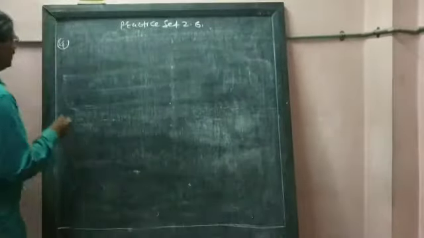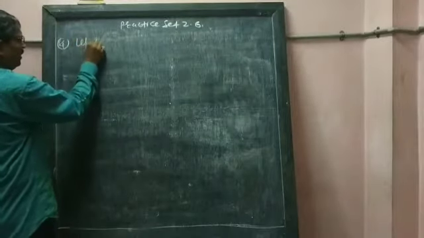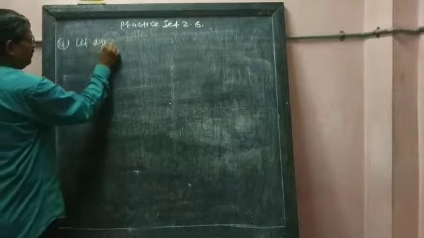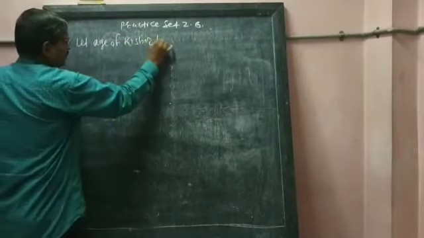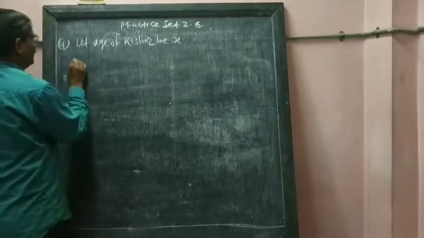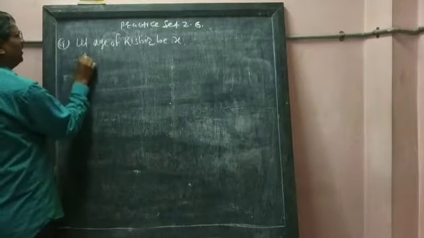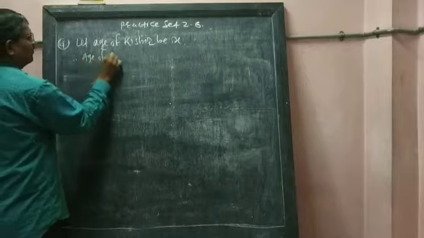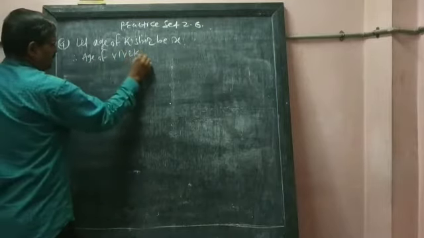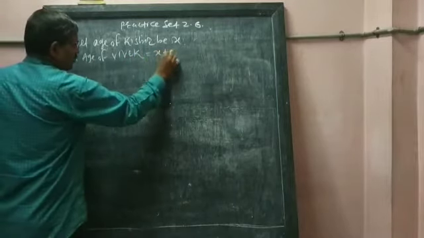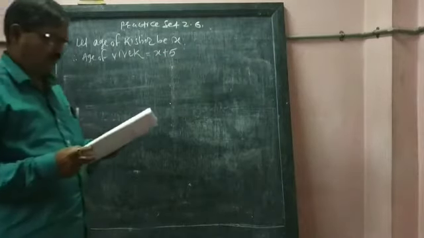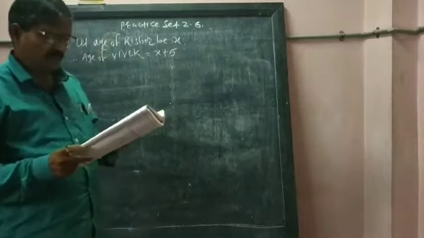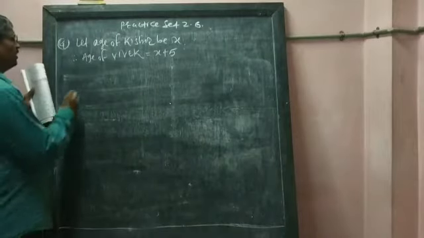We should consider that let age of Kishore be x. Therefore, age of Vivek is equal to x plus 5, because he is 5 years older. Then the sum of reciprocals.